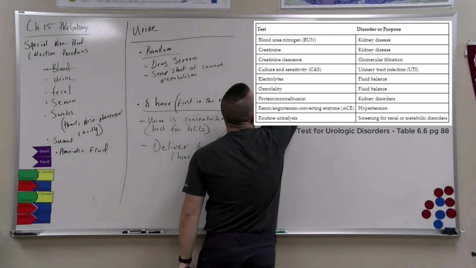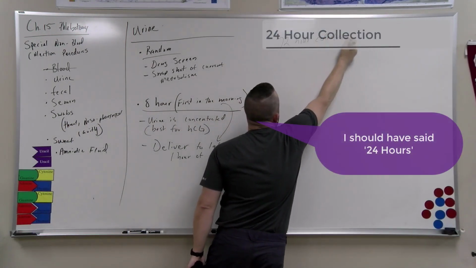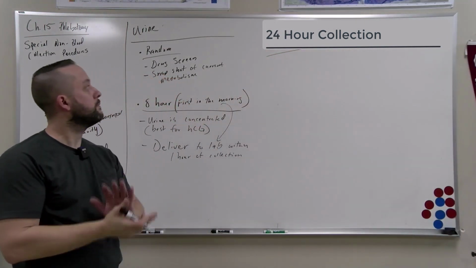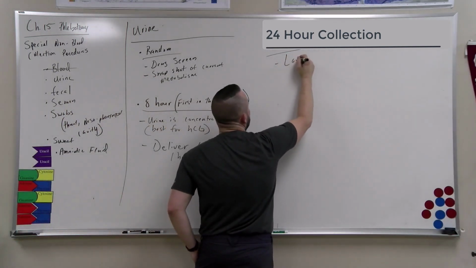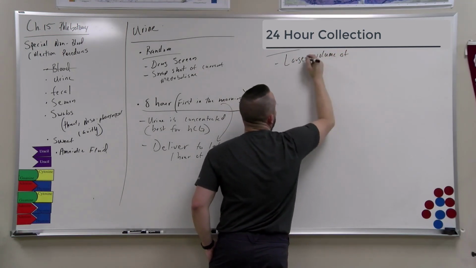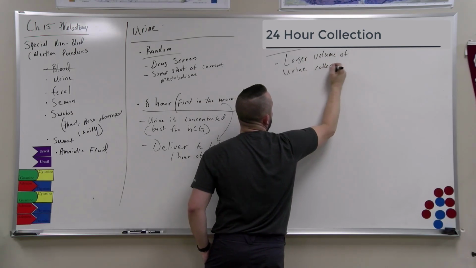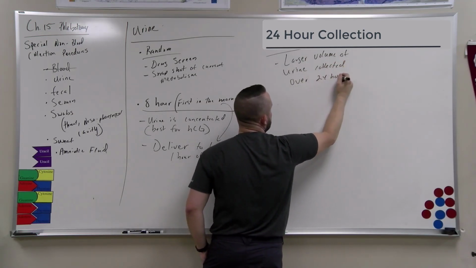Okay, 72-hour urine collection would include a large volume of urine, or larger, over 24 hours.